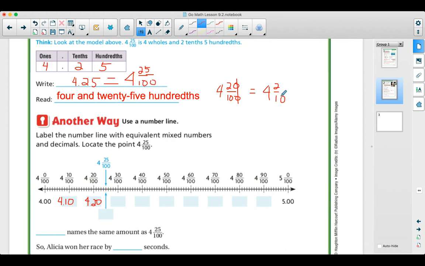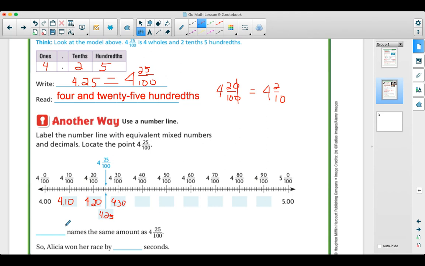If you're working in tenths, you'd write it as 2/10ths. If you're working in hundredths, you'll write it as 20/100ths, but they are equivalent. This is 4.25. This is 4.30. And you can keep going.